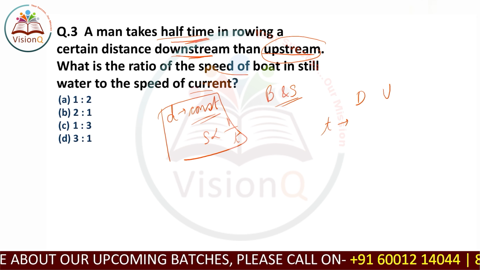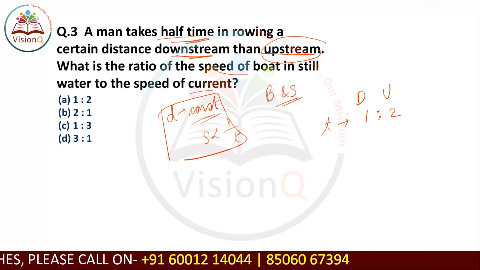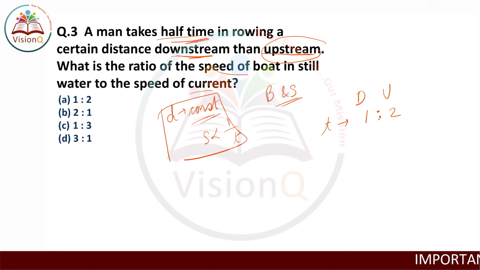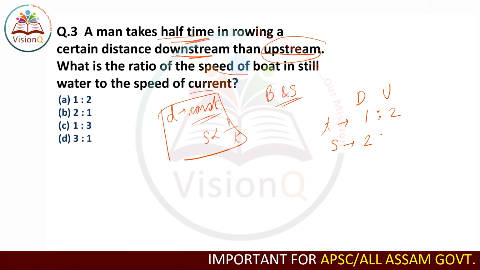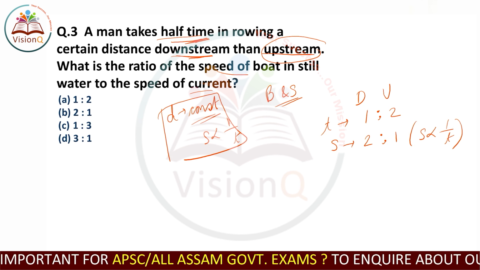The ratio of time will be 1:2, because the downstream time is half of the upstream time, or upstream time is double the downstream time. Now the speed ratio will be 2:1, since speed and time are inversely proportional.